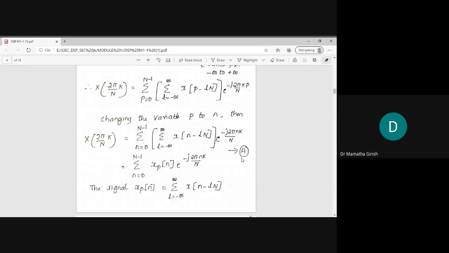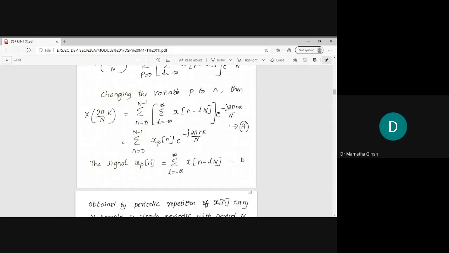Now again, to get the derivation in the standard format, I'm replacing the variable small p by n. And the above formula changes to summation n varying from 0 to N minus 1, summation L varying from minus to plus infinity, x of n minus lN exponential of minus j 2 pi by N times k.